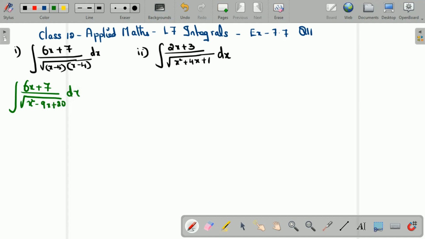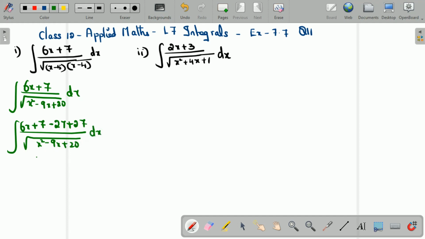Now what I'm going to do is, I want this to be substituted, so the numerator is going to change accordingly. Now let's see what I'm going to do as a substitution. So integral, this numerator I'm modifying as 6x plus 7 minus 27 plus 27 divided by root of x squared minus 9x plus 20 dx. Now this I'm going to break.